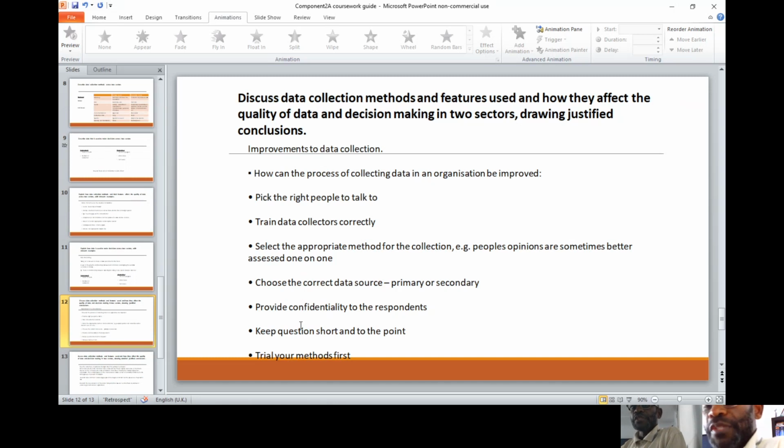You provide confidentiality to the respondent. You keep questions short and to the point, and then you try your method first. So you touch on this in your discussion. So this will guide you to answer this question as well.